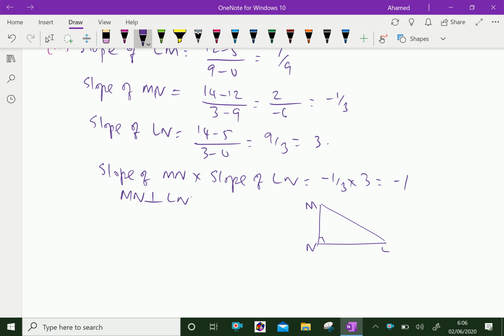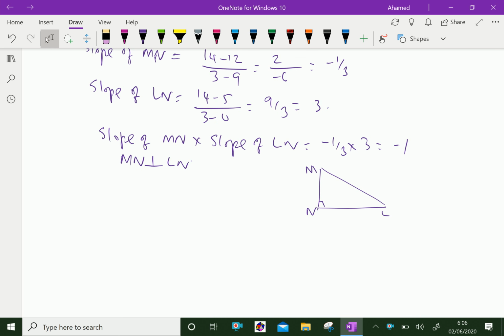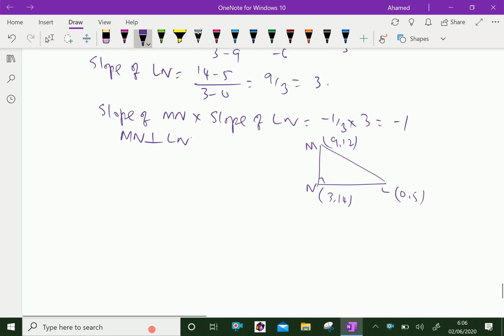Therefore, now we can use the distance formula. Suppose point L is here, 0, 5, M is 9 and 12, and N is 3 and 14. Now by Pythagoras we will find the distance.